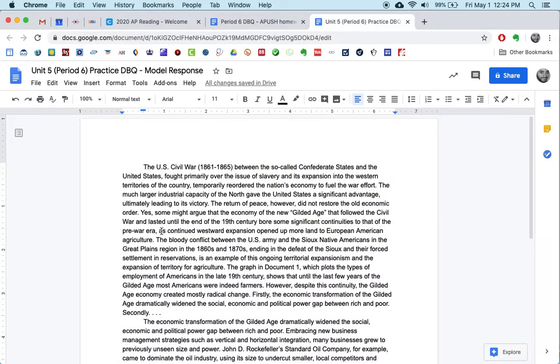The bloody conflict between the U.S. Army and the Sioux Native Americans in the Great Plains region in the 1860s and 1870s, ending in the defeat of the Sioux and their forced settlement in reservations, is an example of this. It's an example of this ongoing territorial expansion and the expansion of territory for agriculture.